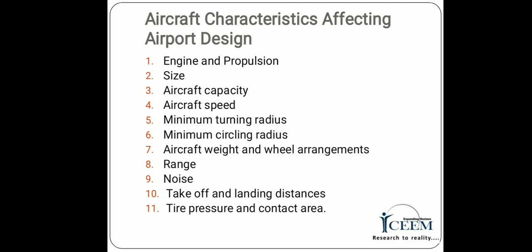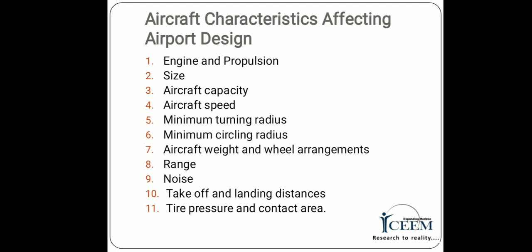They are engine and propulsion size, aircraft capacity, aircraft speed, minimum turning radius, minimum circling radius, aircraft weight and wheel arrangement, range, noise, takeoff and landing distances, and last is tire pressure and contact area. We see in detail one by one.